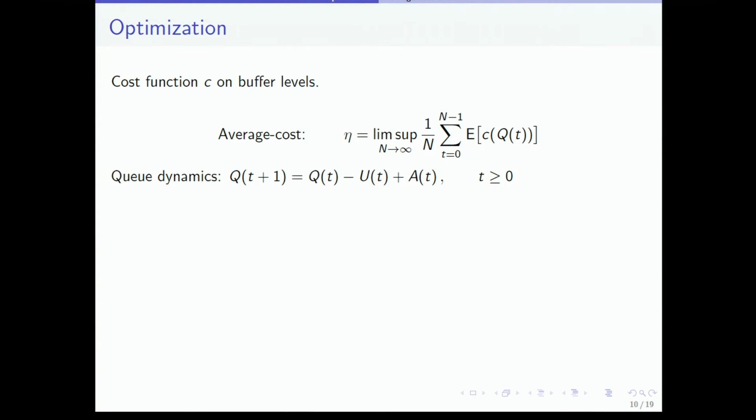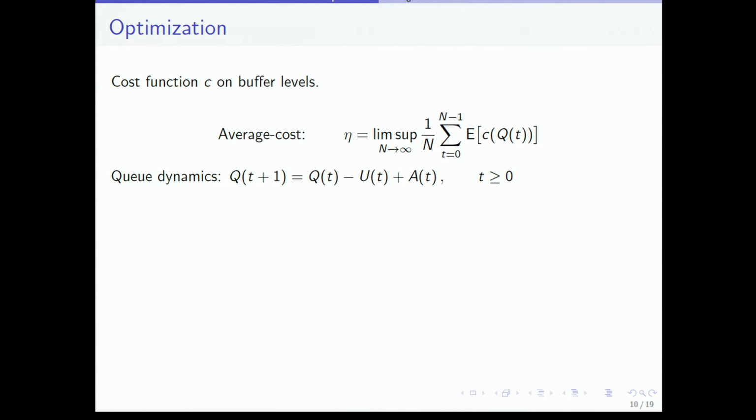So we assume that we have a linear cost function on the buffer sizes, and we consider average cost. So Q dynamics: you have a state vector describing the size of the queues, Qt.